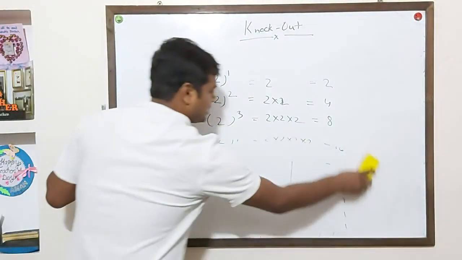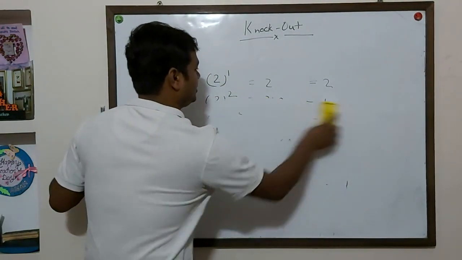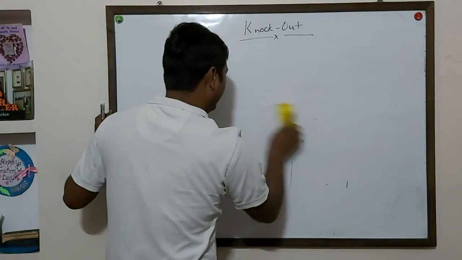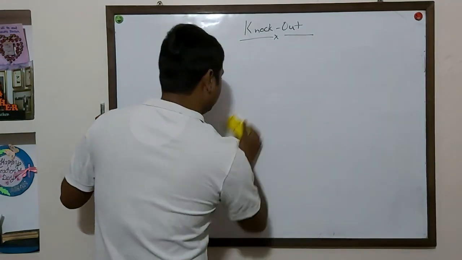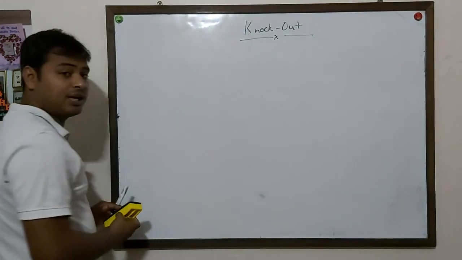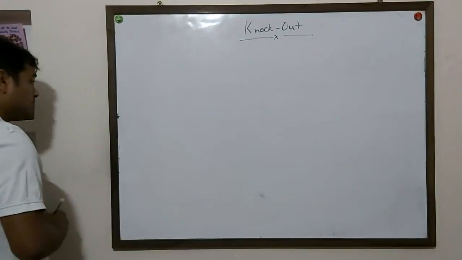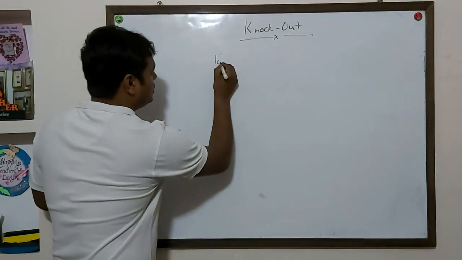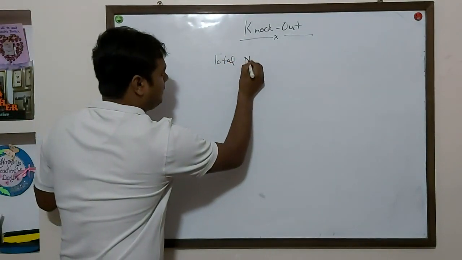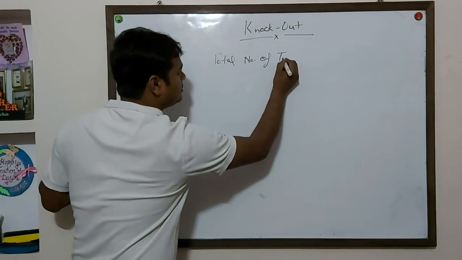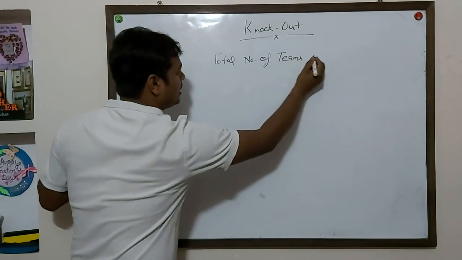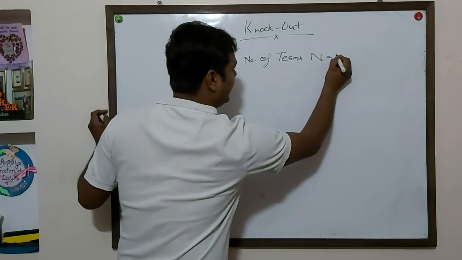Now I will explain how to draw a picture. Suppose the total number of teams is 8 and we have to draw a picture of knockout tournament. So first, total number of teams n is equal to 8.